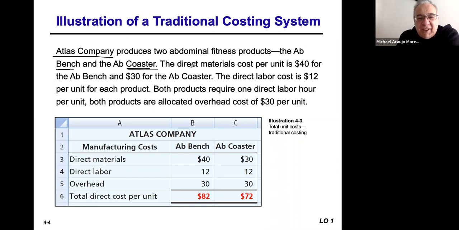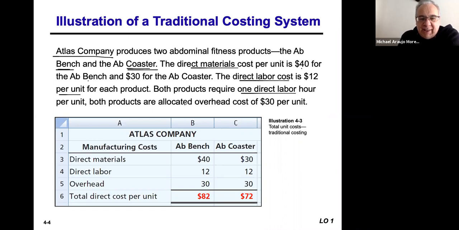So we have here a look at direct material costs, which are shown as $40 for the bench, $30 for the coaster. Direct labor cost is $12 for each product per unit. And both products require 1 direct labor hour per unit.